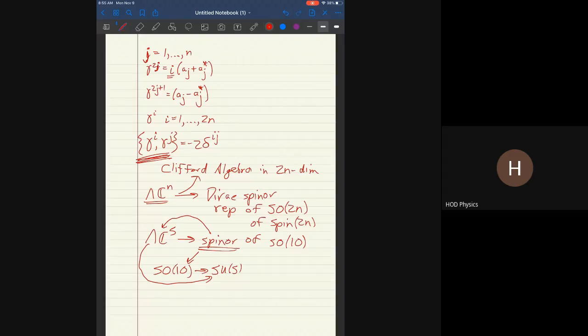And then when we further restrict SU5 to the standard model gauge group, SU3 times SU2 times U1, we've already seen that this representation further splits into exactly the standard model fermion representation for a single generation, F plus F star.